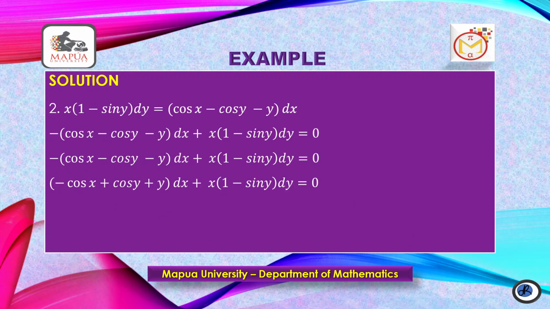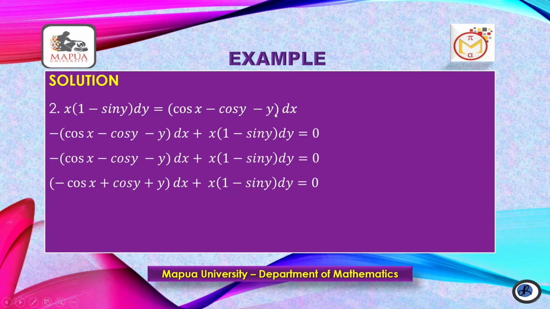Another example is x times the quantity 1 minus sine y dy, and this is equal to cosine x minus cosine y minus y dx. Now, as you can see here, it is not equated to 0. So it is not in the general form of a differential equation, first order, first degree. So we have to simplify this by equating to 0.